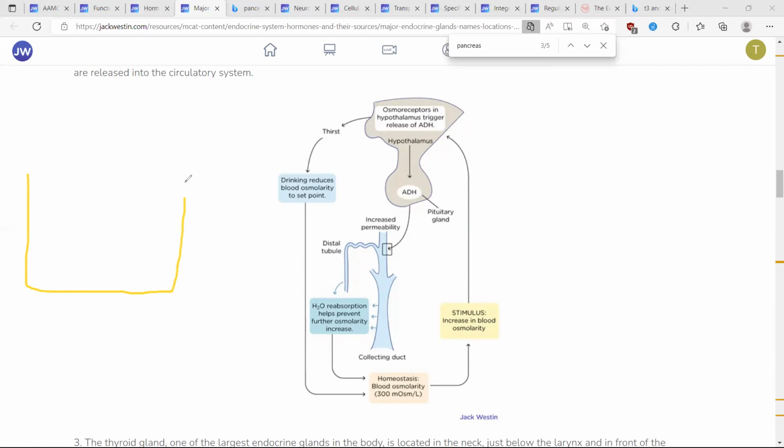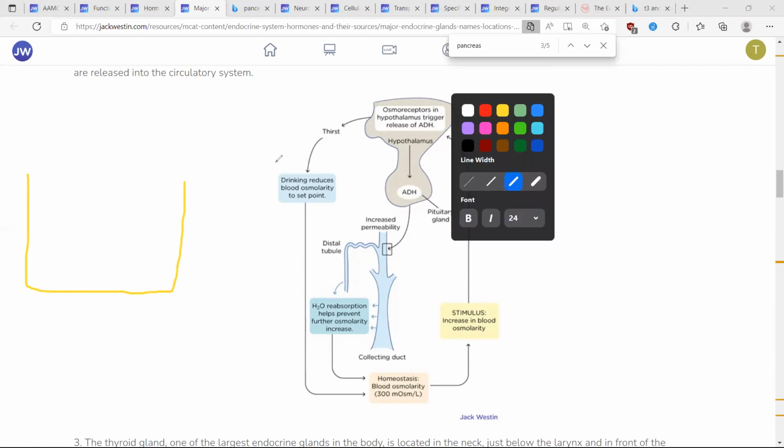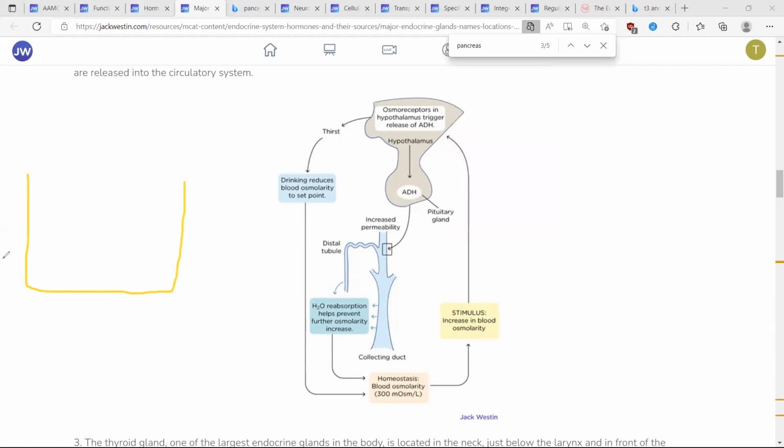Let's say you have a bucket, right? And you have this much water, and you have maybe 1, 2, 3, 4, 5 molecules of whatever, right? So if this is 1 liter of water and this is 5 ions, then right now we have 5 ions per 1 liter of water, right?